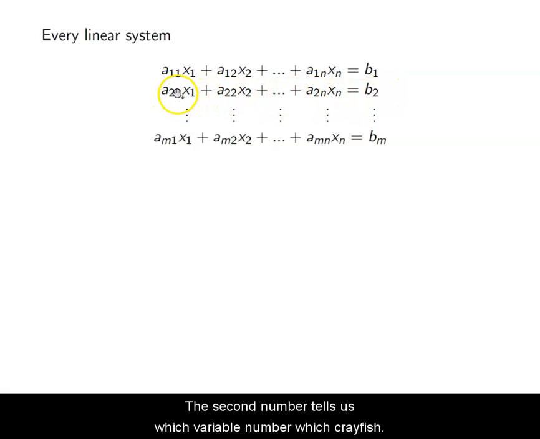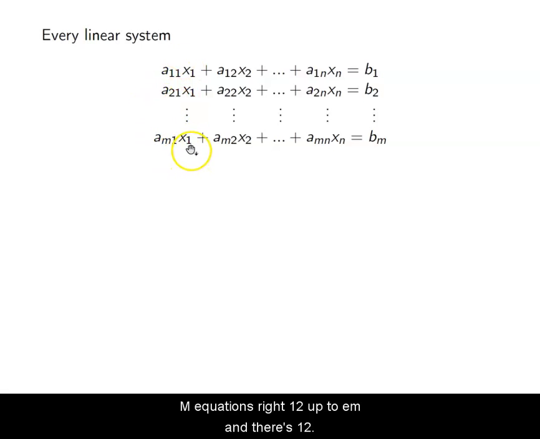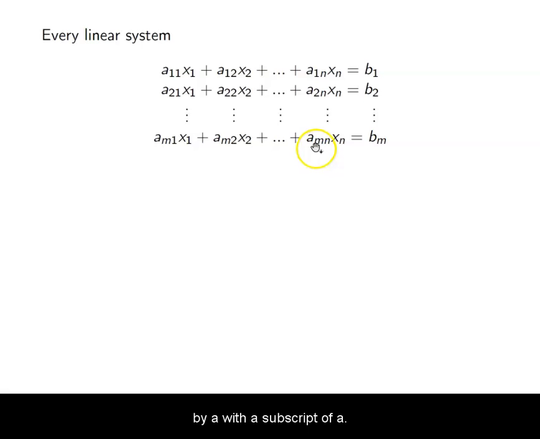The second number tells us which variable number or which coefficient place we're working with. Okay, so if we have m equations, 1, 2 up to m, and there's 1, 2, up to n variables, our last coefficient would be notated by a with the subscript mn.